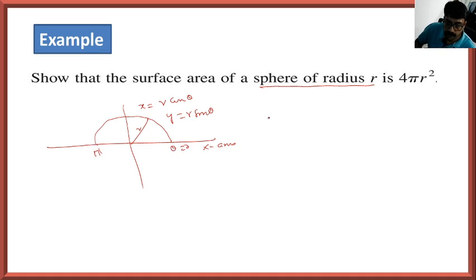The formula for finding the surface area is integral 0 to pi 2 pi y ds, where ds is equal to square root of (dx by d theta) the whole square plus (dy by d theta) the whole square.